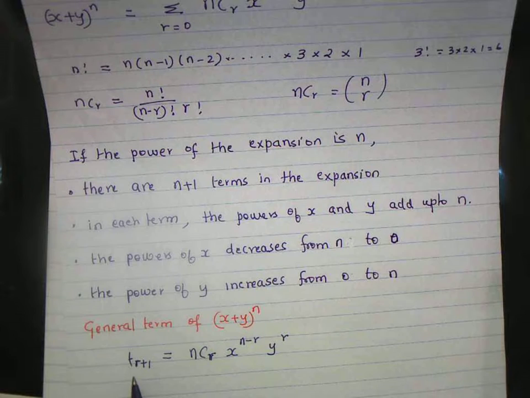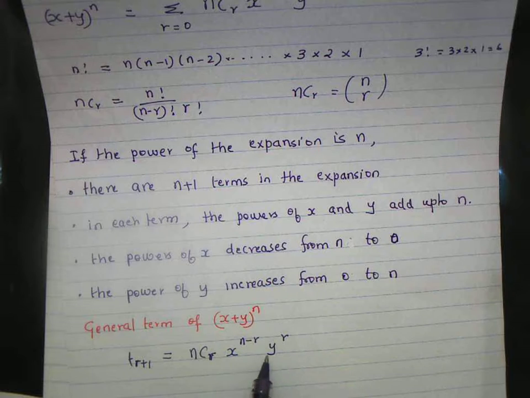One more thing we need to know is the general term. The general term of (x plus y) to the power n is given by T(r plus 1) equals nCr x to the power n minus r y to the power r. We will use this later to find the coefficient of x to the power r or the constant term, etc.